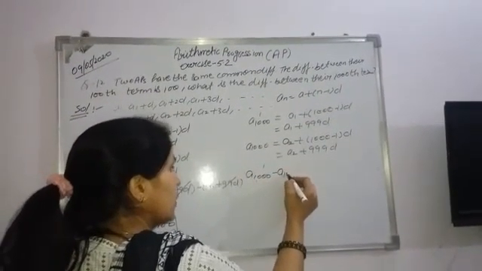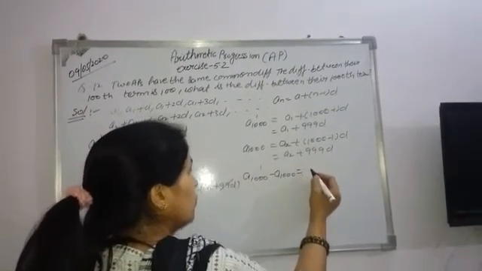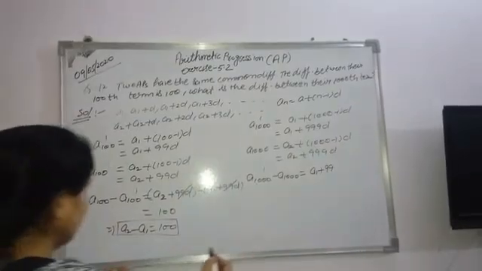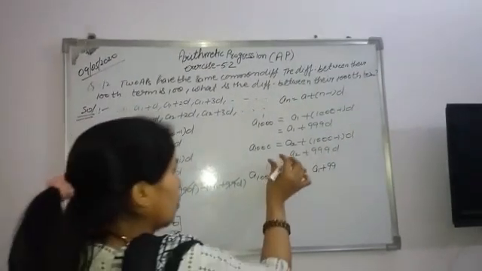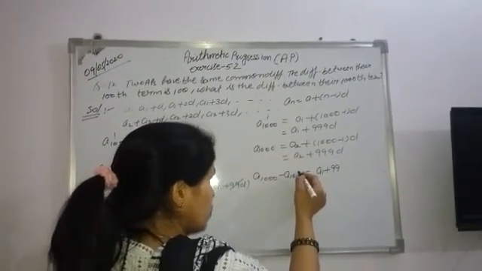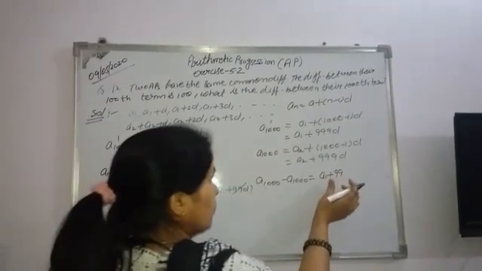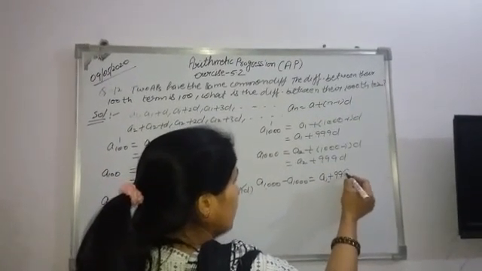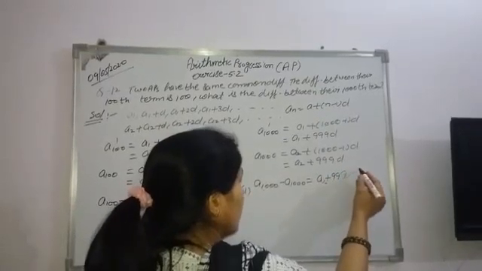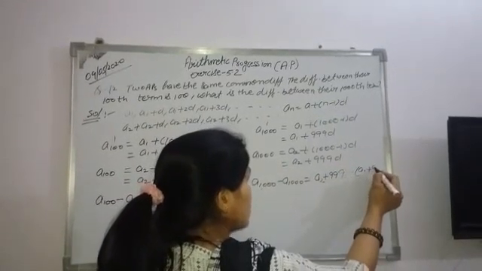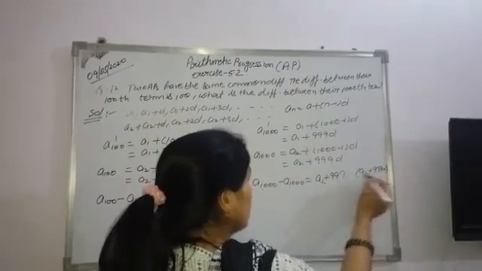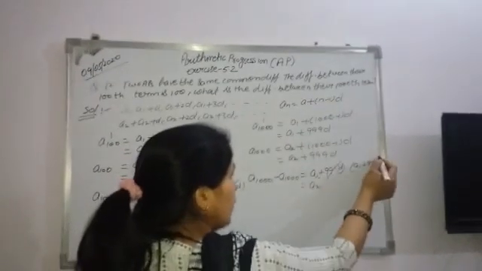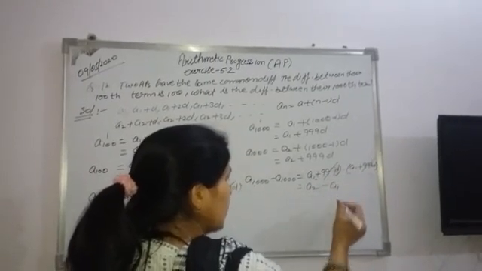Here the relation is A1000 dash minus A1000. Find the same relation. So this term is A2 plus 999 into D minus A1 plus 999 into D. So next, the 999D cancels out, leaving A2 minus A1.